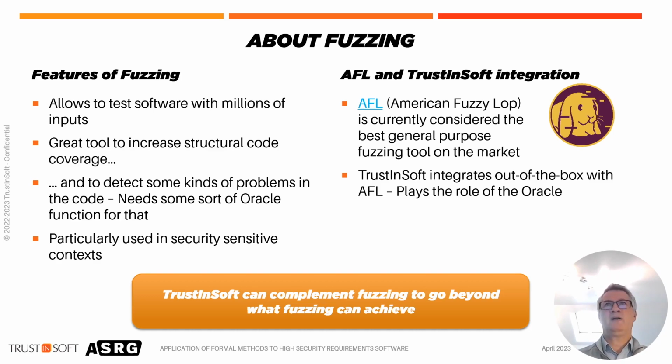If you use AFL, American Fuzzy Lop, that is considered one of the best general purpose fuzzers on the market, then the TrustInSoft analyzer has out-of-the-box integration with the fuzzer. So using both in conjunction is very easy.